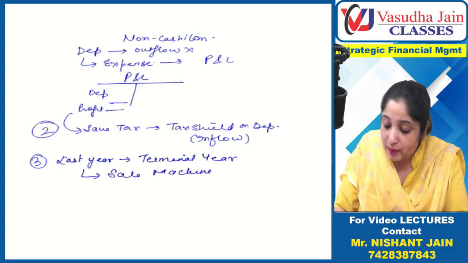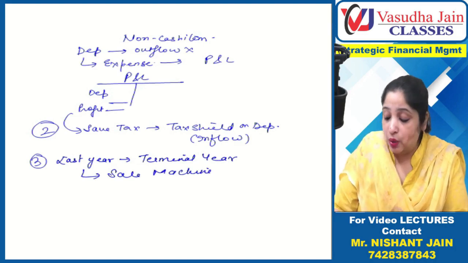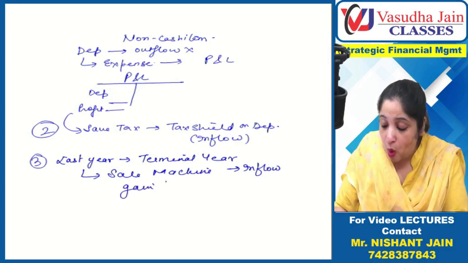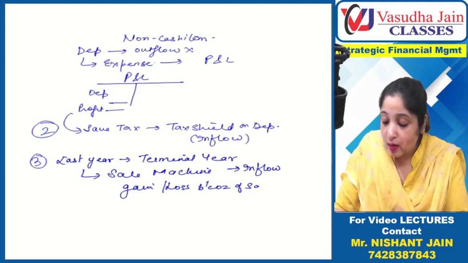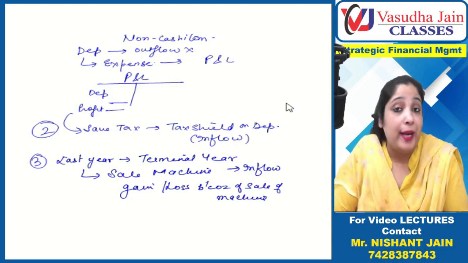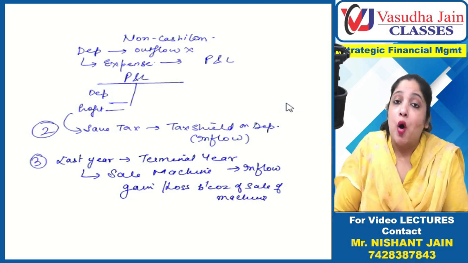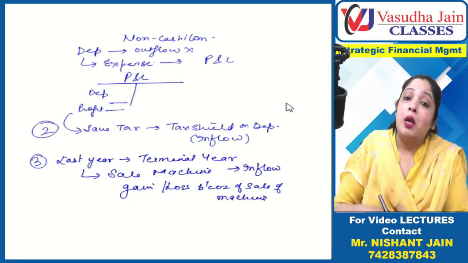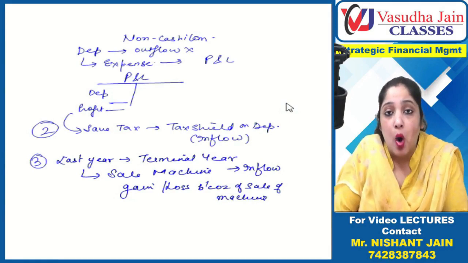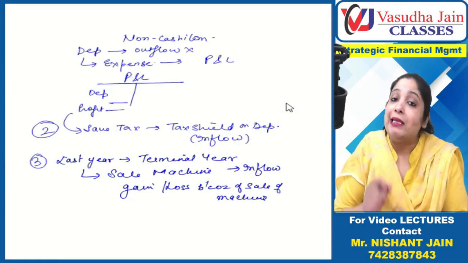When you sell the machine, you will have an inflow, and at the same time there will be a gain or loss because of the sale of the machine. If there is a gain, you have to pay tax on that gain, capital gains tax, or if there is a loss, then you will be able to set off that loss, reduce your profit and save tax on it.